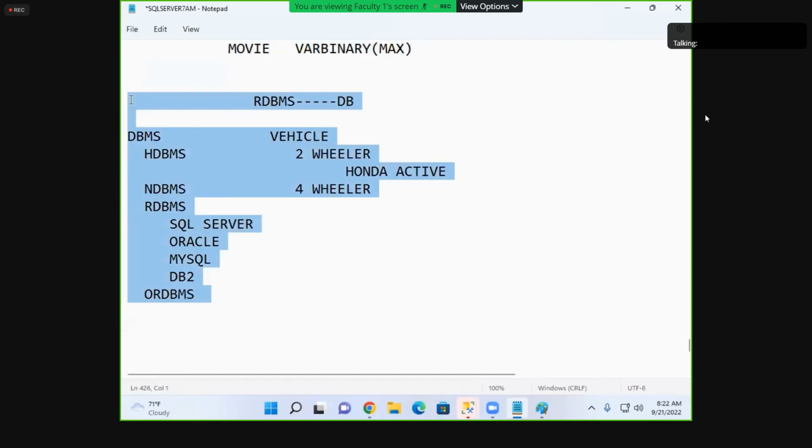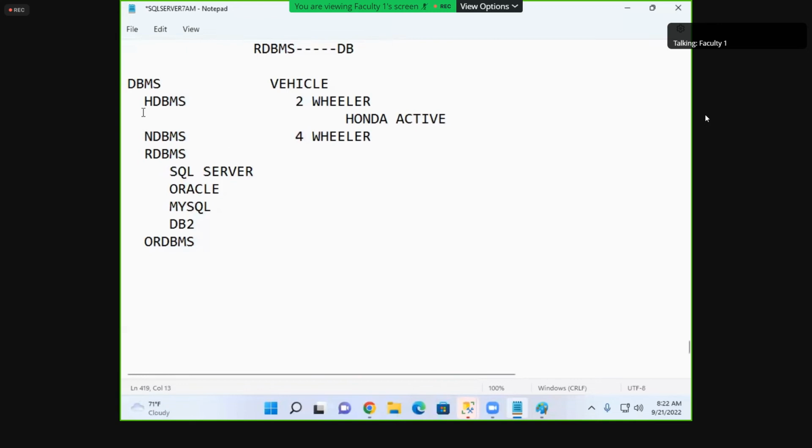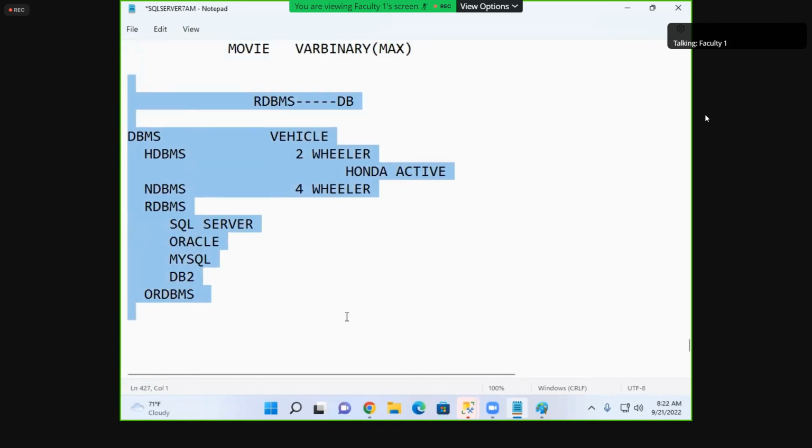Okay, then. Here, HDBMS, NDBMS, RDBMS, what is the difference? The difference is how the data is organized.